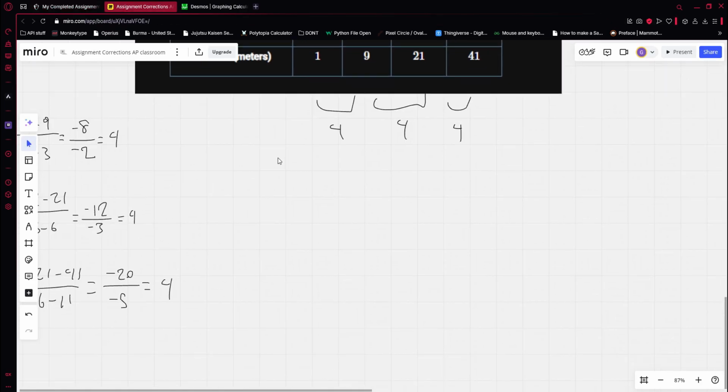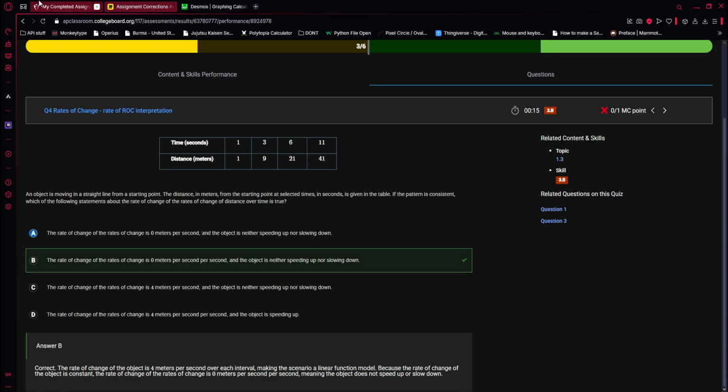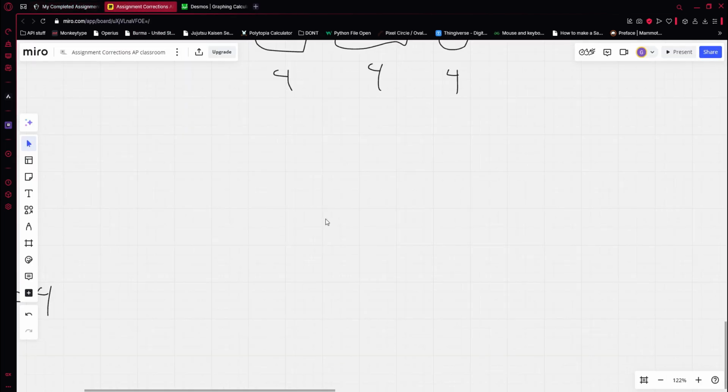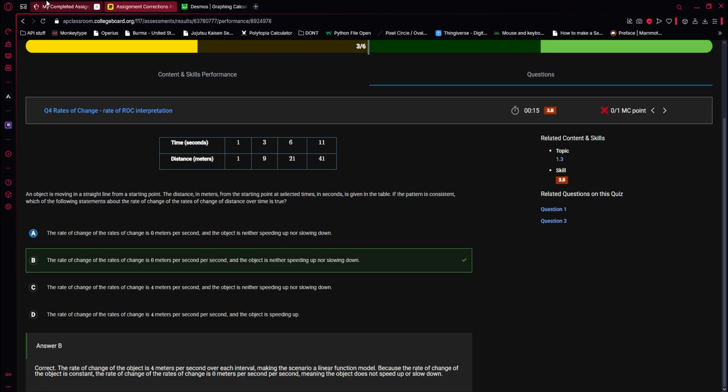So if you somehow had rate of change of rate of change of rate of change, you would have per second, per second, per second. They each get their own. And the object is neither speeding up or slowing down, because speed is remaining constant, rate of change is the same. There we go.